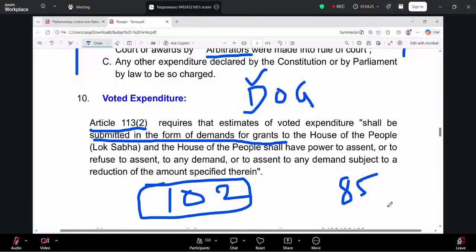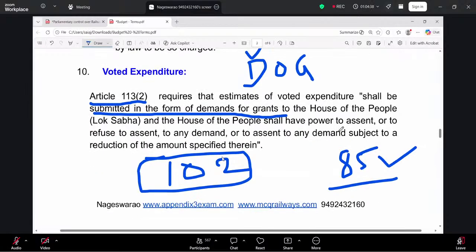Out of that, in alphabetical order, we are allotted 85 for the current year 2026-27 also. Last 4 or 5 years there is no change. Okay. Here already we discussed the Parliament, that means Lok Sabha has the power to assent or refuse to assent, or assent subject to a reduction, that means cut motion.